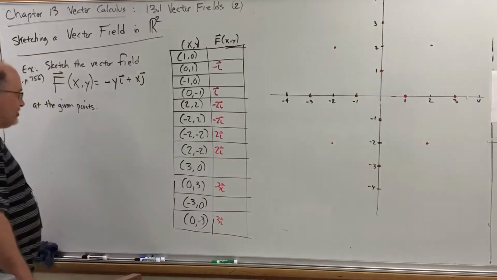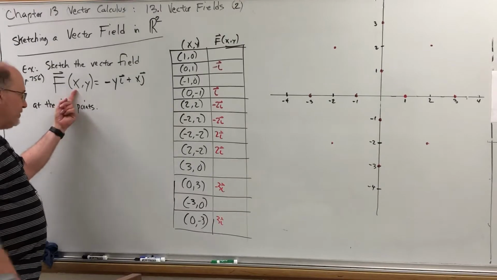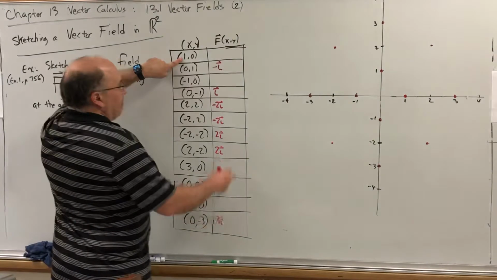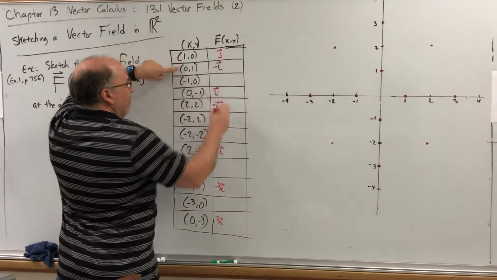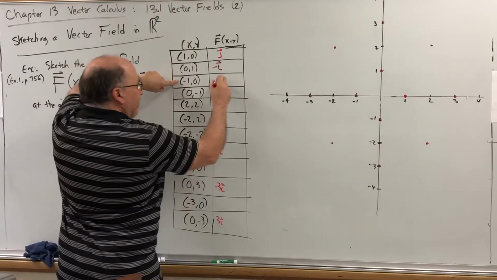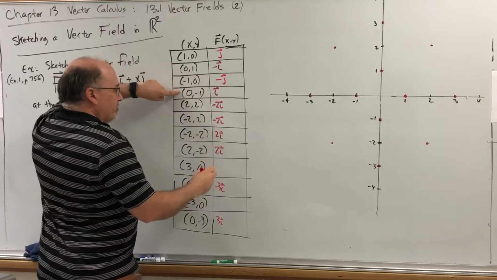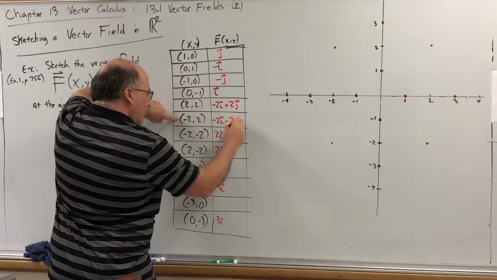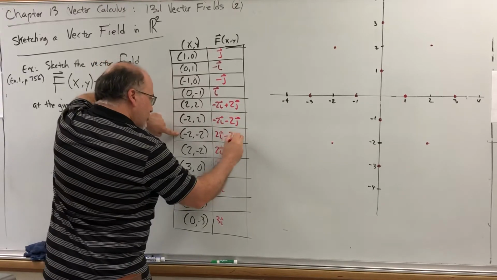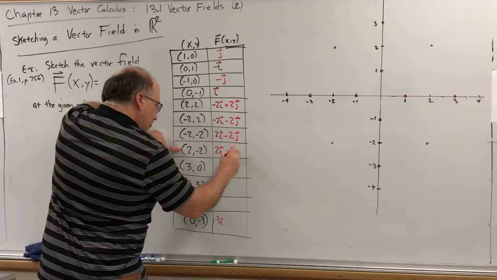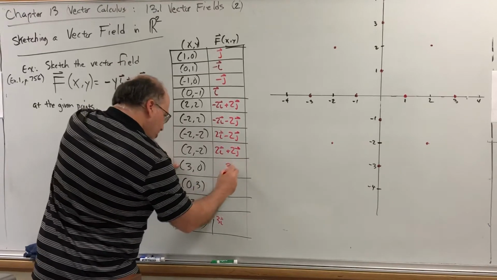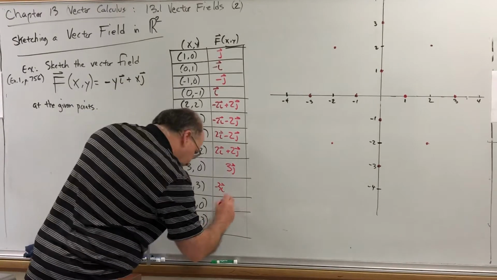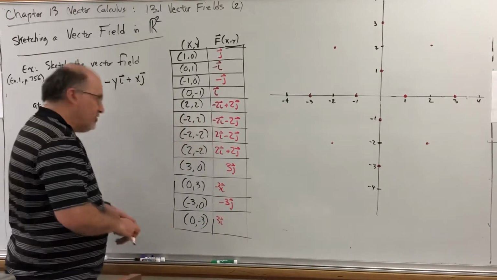And then the x coordinate becomes the j component. So 1j, no j's, -j, no j's, +2j, -2j, -2j, +2j, 3j, no j's, -3j, no j's.